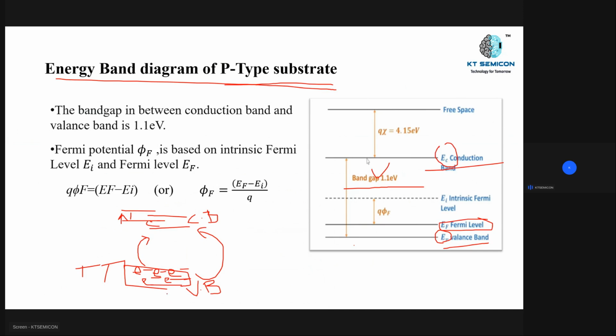That's why we have more holes in the valency band now. So the probability of holes is higher in the valency band, and that's why my Fermi level is near the valency band. Clear?